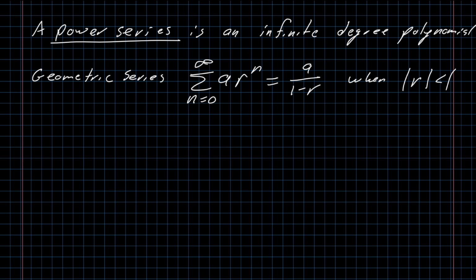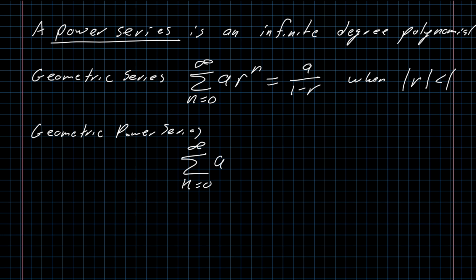And so we might decide to write a geometric power series. We'll generally switch from n to k at this point. So k goes from 0 to infinity. And we'll just replace the r with x.